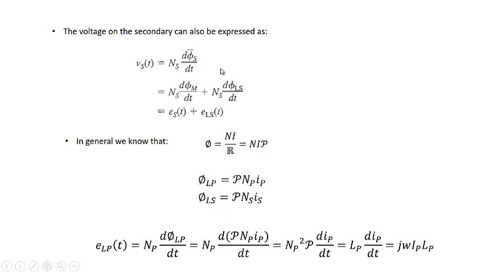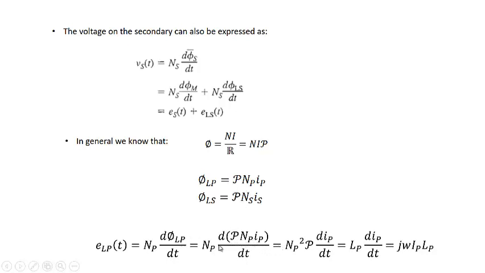So writing these equations, ELPT, that is the voltage drop due to the flux leakage, will be equal to Np d phi lp by dt. So Np is as it is, d by dt is as it is, and for phi lp we have psi into Np into Ip.